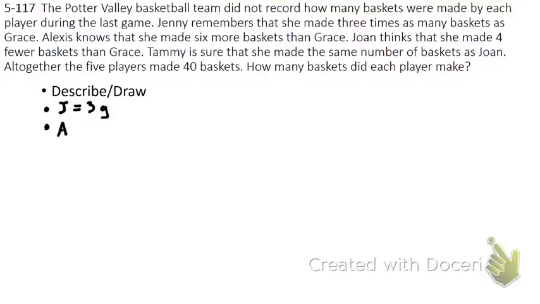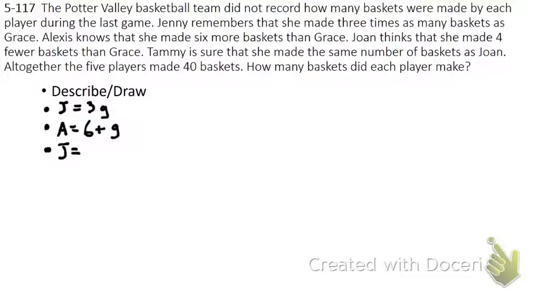Now we also know that Alexis made 6 more baskets than Grace. So Alexis made 6 more than Grace. Joan thinks that she made 4 fewer baskets than Grace, so we got Joan. Everyone seems to be comparing themselves to Grace.